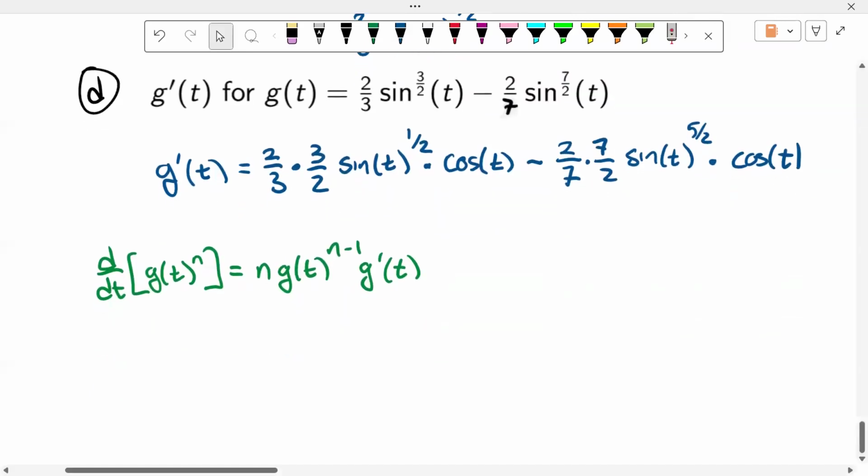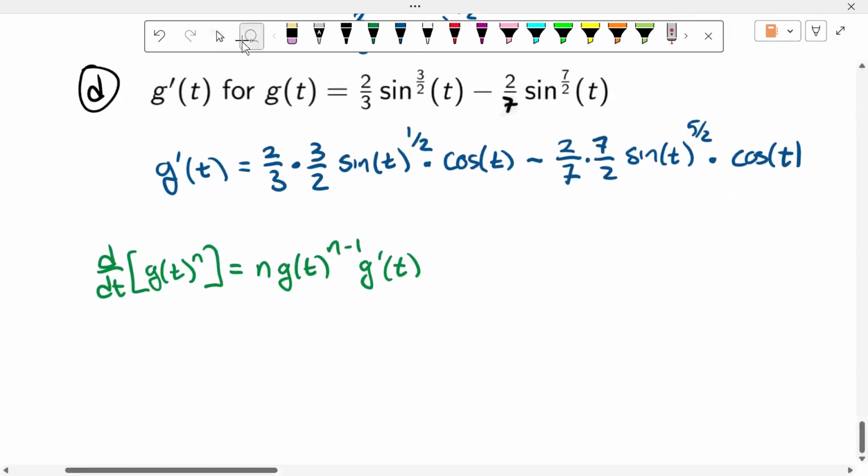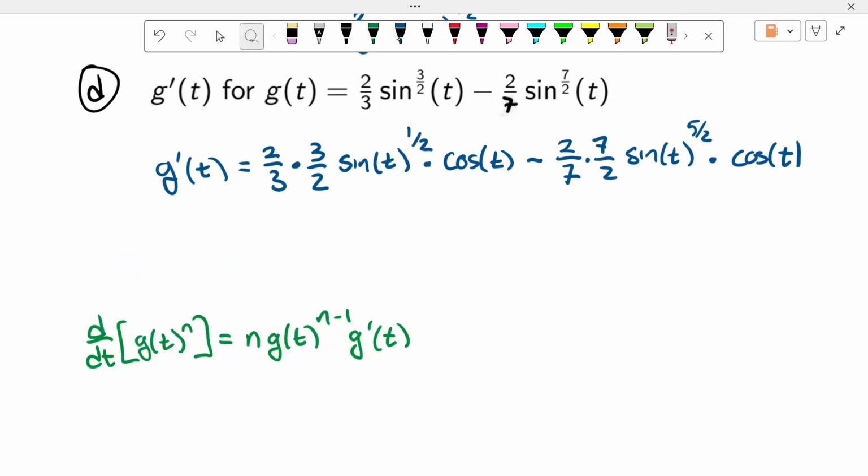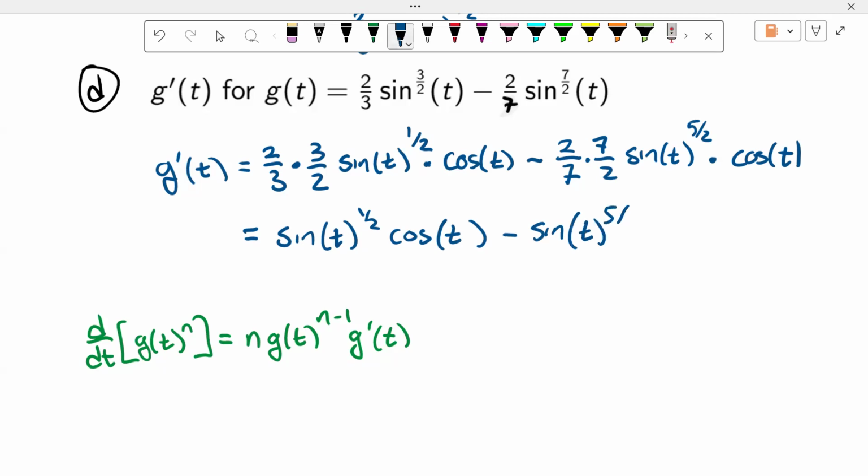You leave it like this, though I'd be a little disappointed if you did, because there is a trivial simplification. 2/3 times 3/2, that's just 1. And so you can write this as the following.